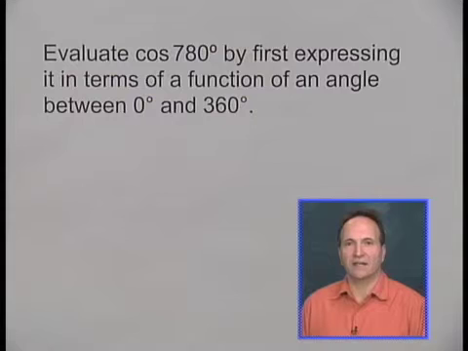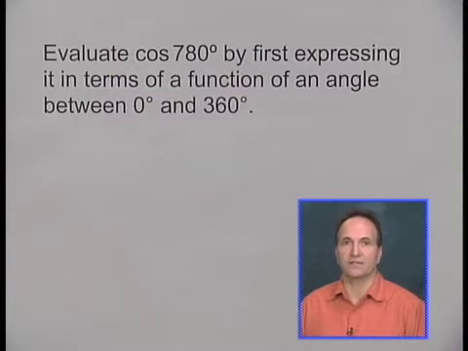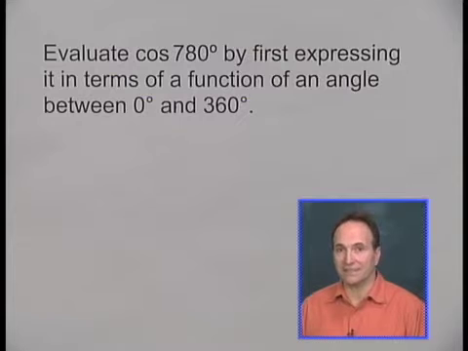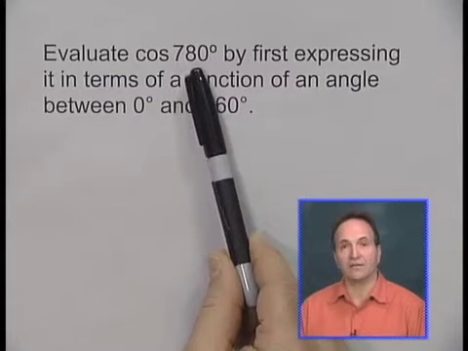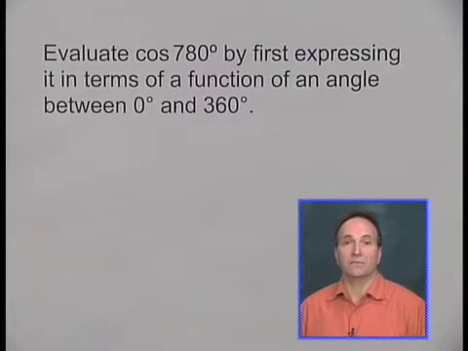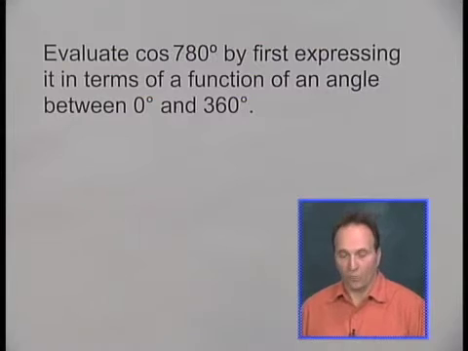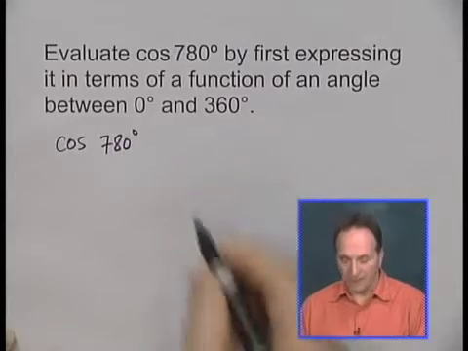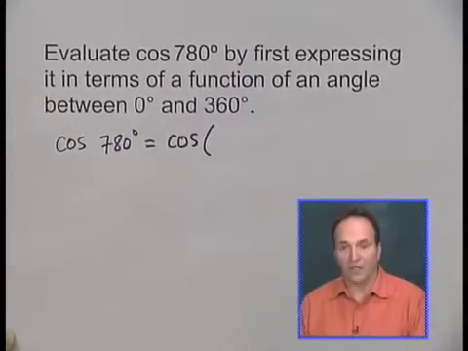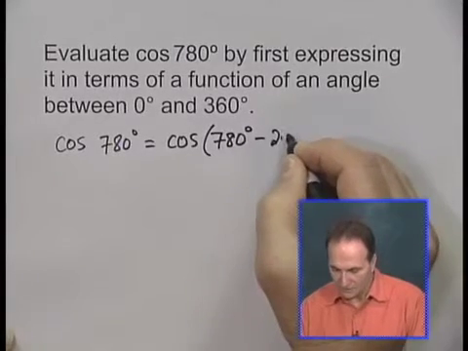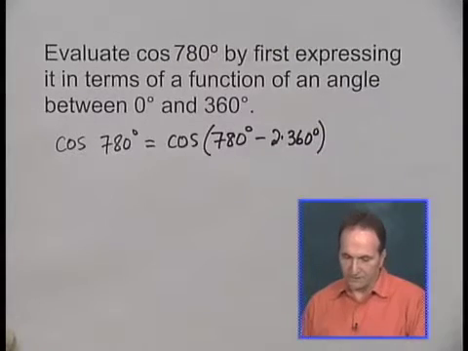Evaluate cosine 780 degrees by first expressing it in terms of a function of an angle between 0 degrees and 360 degrees. So what that means is we need to subtract 360 degrees enough times from the 780 degrees in order to make it an angle between 0 and 360. And that means we need to subtract 360 twice, which is to say that the cosine of 780 degrees will be equal to the cosine of 780 degrees minus 2 times 360 degrees.